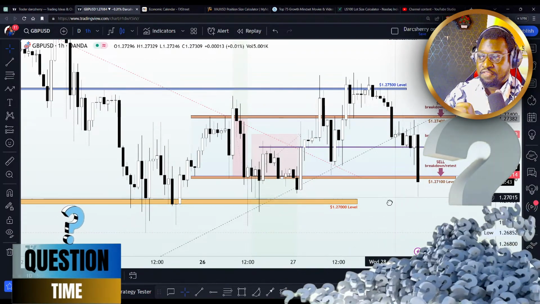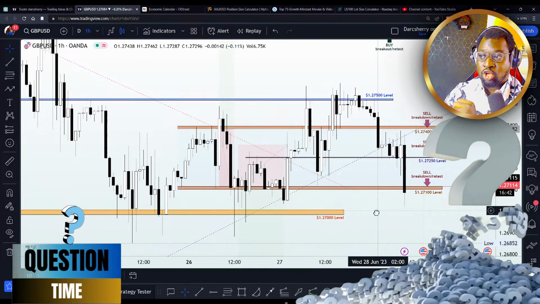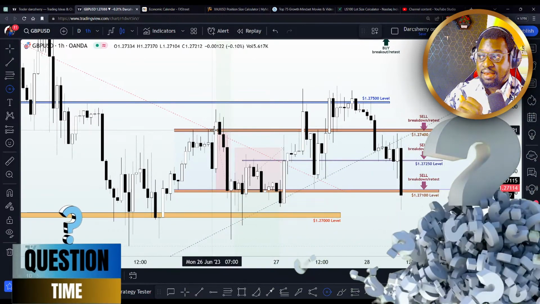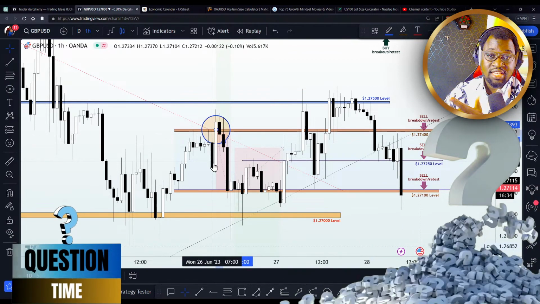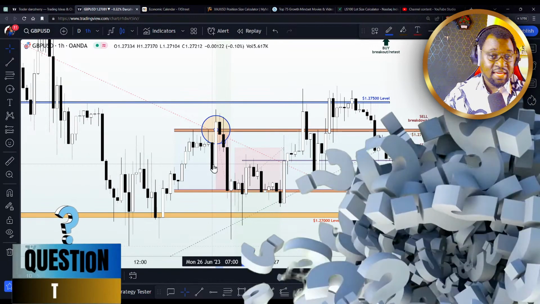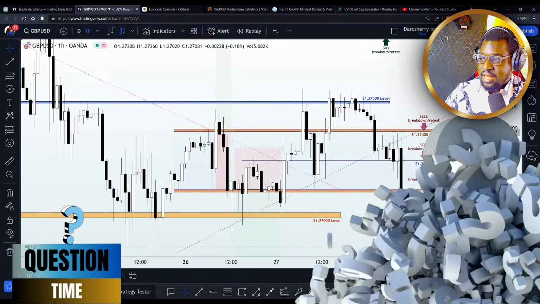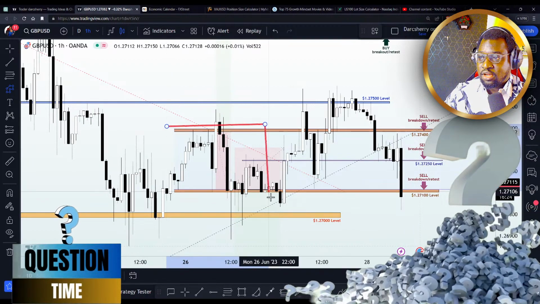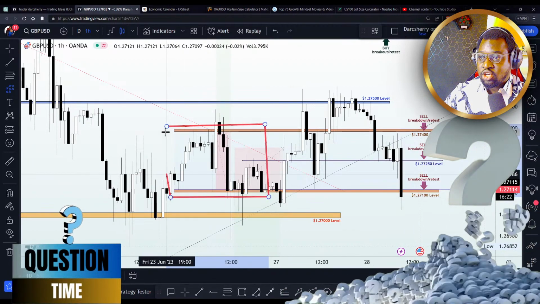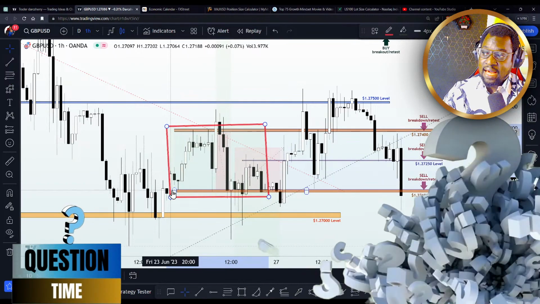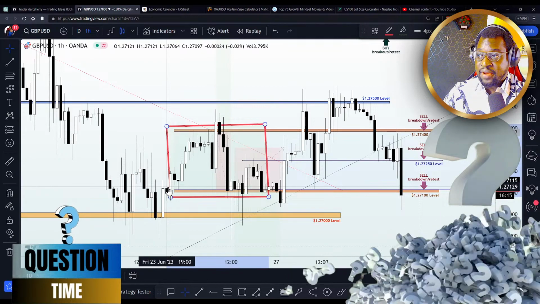And remember, at the beginning of the week, we also had a stop loss hit on this one after price action broke out of that resistance line here at the 1.27400 level. We bought at that point, but unfortunately we were taken out of that position at a loss. And remember that we had a flat channel at the beginning of the week here, where price action was caught within that range between the 1.274 and the 1.27100 area.